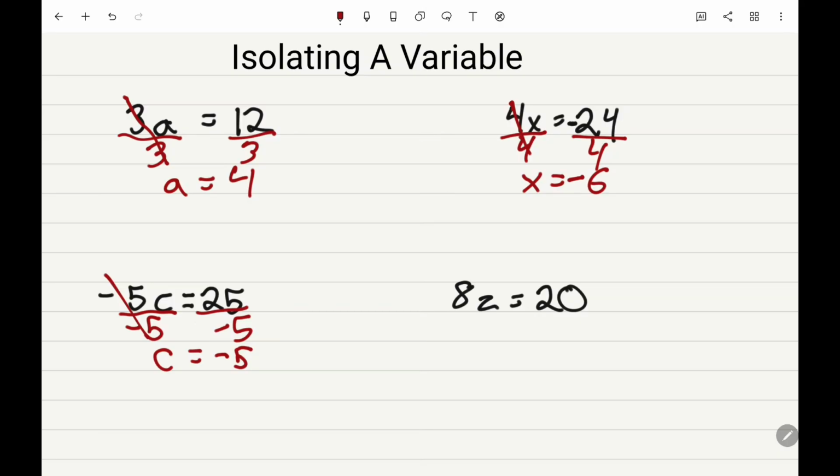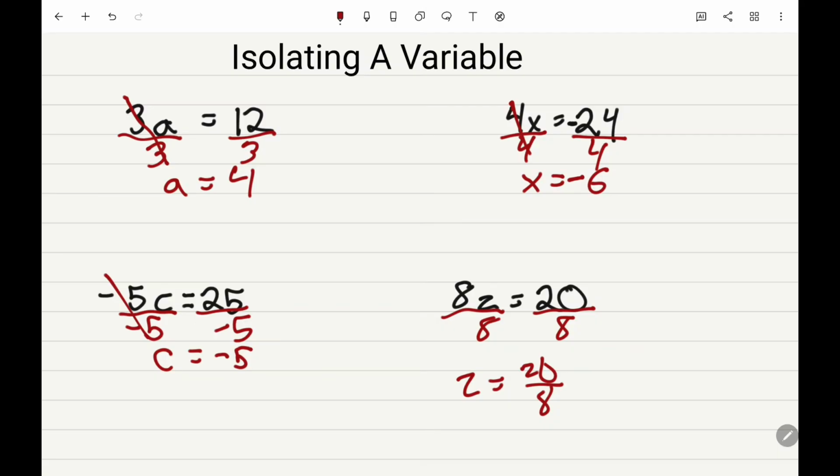One more. 8z equals 20. So remember, we're going to divide by the coefficient, which is 8. So we have z is equal to 20 over 8. And remember, 8 cannot go evenly into 20, so we're going to write it as a fraction. But one thing we notice is we can simplify this.